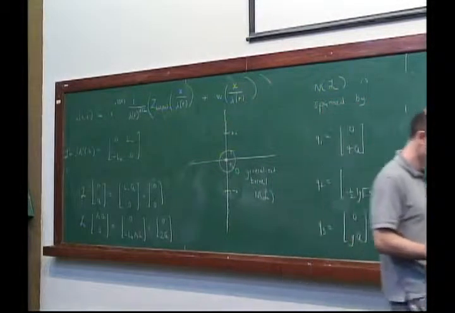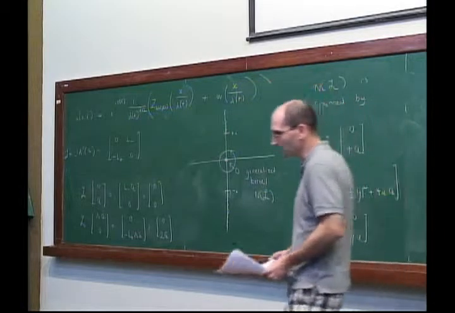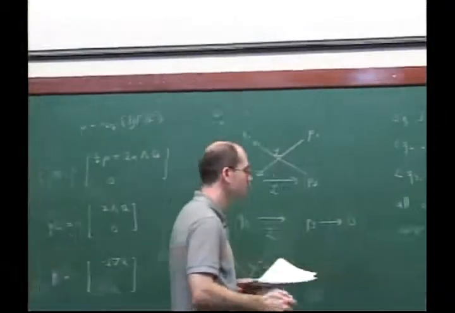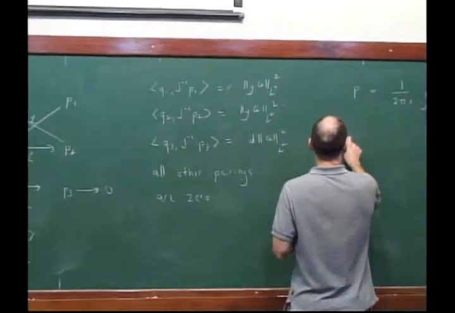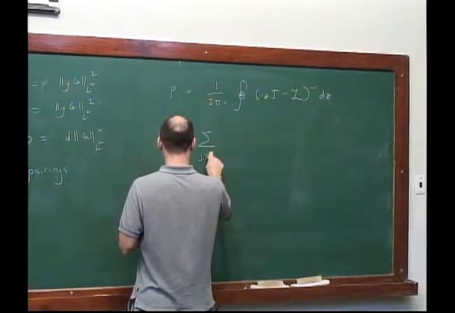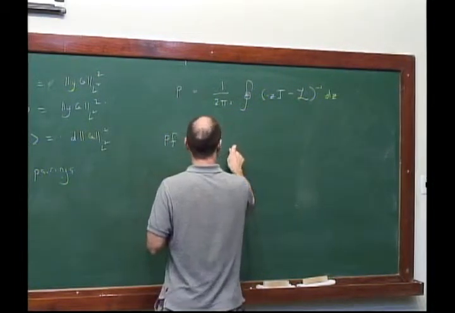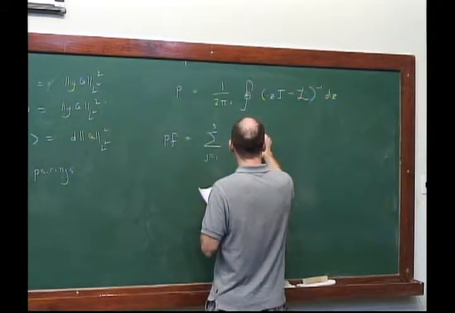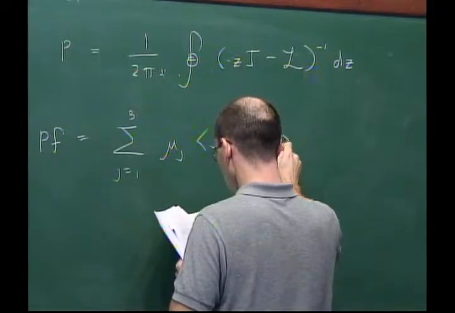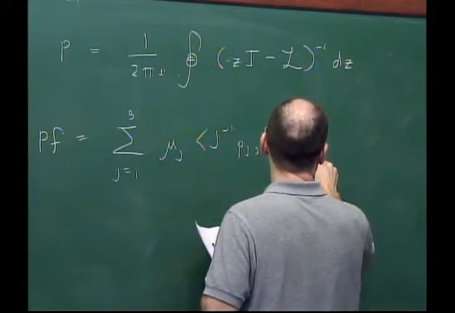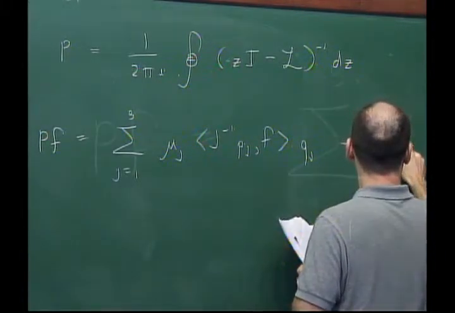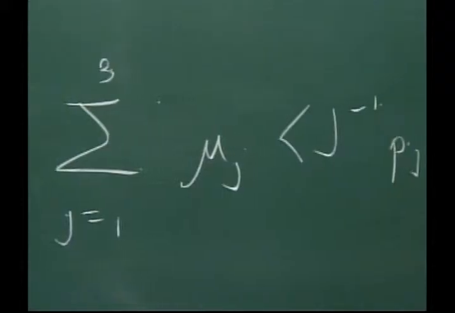And so if you want an actual formula for it, it becomes Pf is the sum j equals 1 to 3 of mu j, J inverse pj f times qj minus J inverse qj f pj.